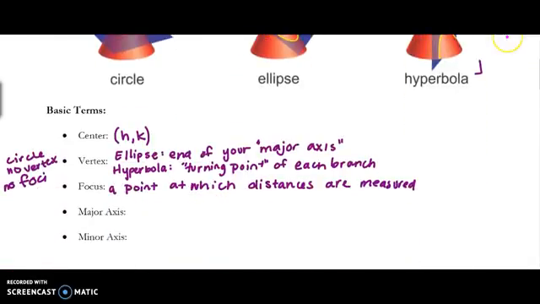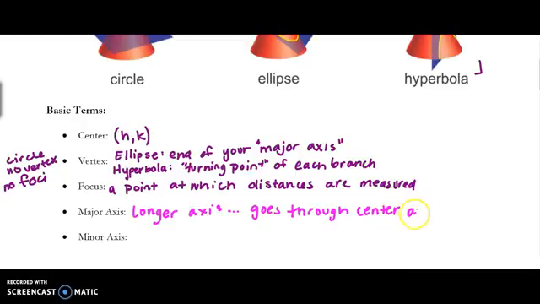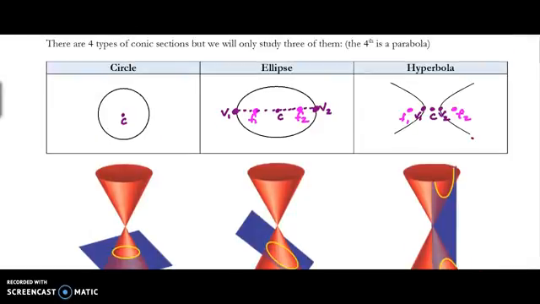Now, one thing we already talked about was the major axis. The major axis, we'll say, is the longer axis. We're going to go on and say it goes through the center and the foci. I'm going to draw this in blue. Major axis, we drew it right here in the blue.